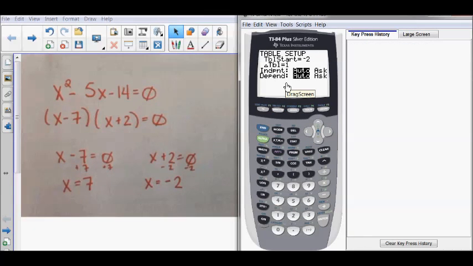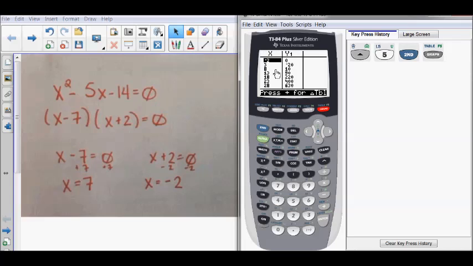Another function of the table setup menu is that you can change the increments by which the x values change in your table. You can change it to 5, etc. And if you did that and go back into your table, you would notice that the x values change in increments of 5. That can also help you in finding solutions.